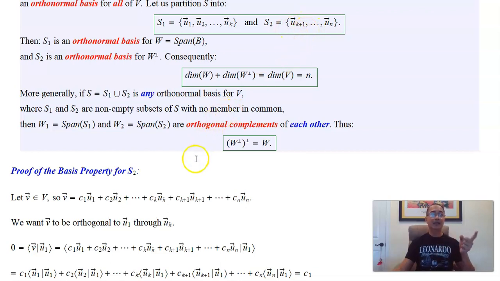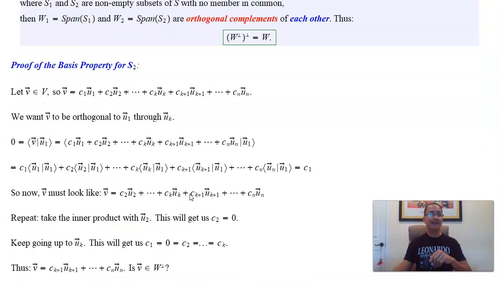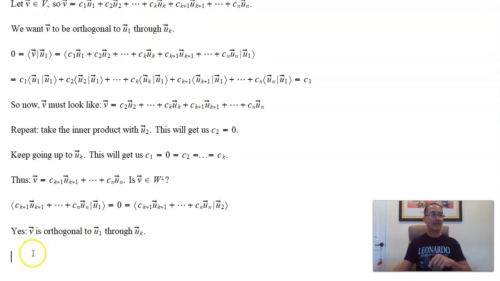So therefore, S2 spans the complement, and it's an orthonormal set, so it is also automatically linearly independent. Spanning, independence, basis. There you go. That's the end of the proof.